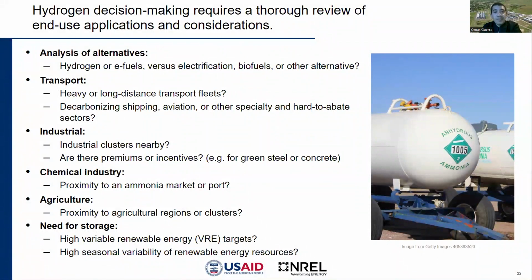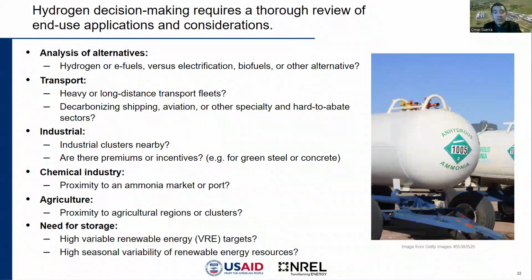Hydrogen is very flexible. We could use hydrogen for a variety of applications, but we don't have to. We have to use hydrogen for those applications in which hydrogen is the most cost-effective or the most appropriate alternative. Then we need to evaluate also different potential end uses, for example, transportation.